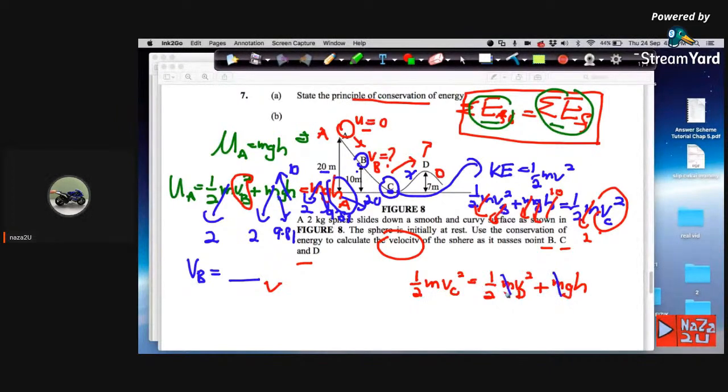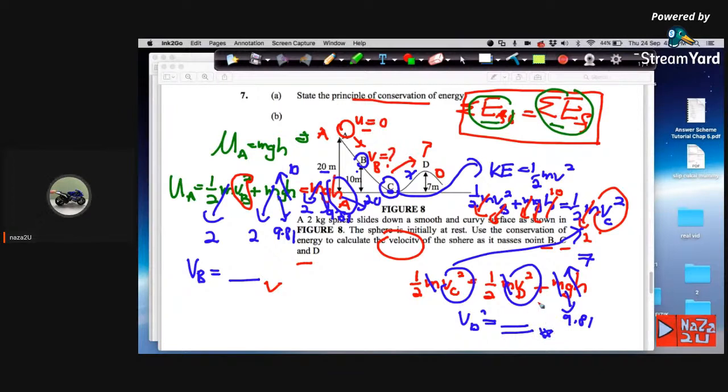Mass kita boleh cancel sebenarnya kiri kanan. VC kita dah kira daripada soalan kedua tadi. VD kita mau cari, G 9.81 and the H pada titik D adalah 7. So kamu boleh kira dia punya VD lah. VD sini sama dengan berapa? So boleh kira sendiri jawapan tu nanti. Saya sudah bagi idea sahaja untuk kes yang ini.